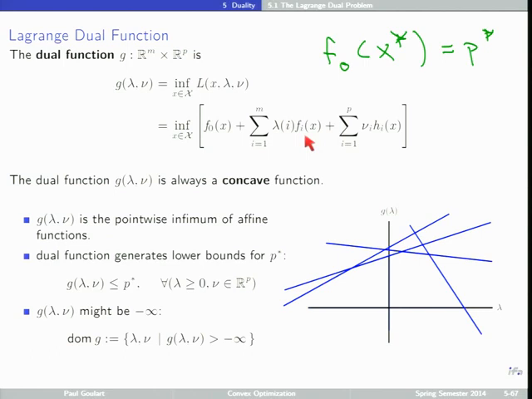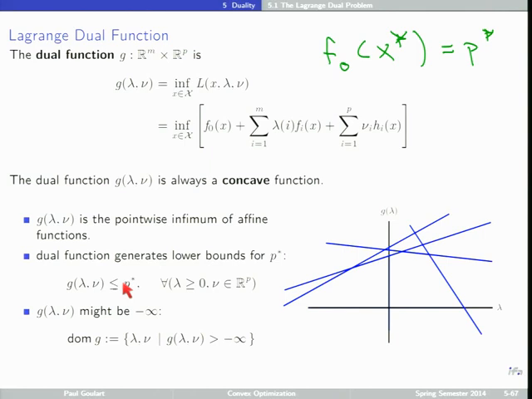So every one of these will either be negative or it will be 0. And all of these lambdas will be positive, because I said down here the lambdas have to be non-negative. So that says that g of lambda and nu is going to be less than or equal to p star plus a negative number. So therefore g of lambda and nu must be less than or equal to p star.